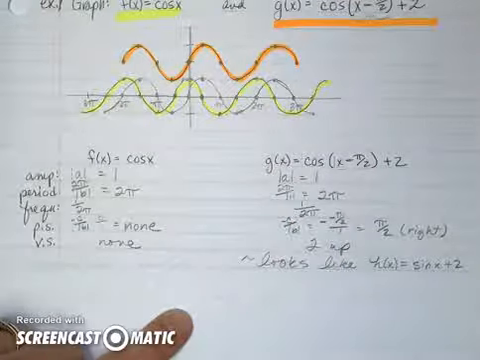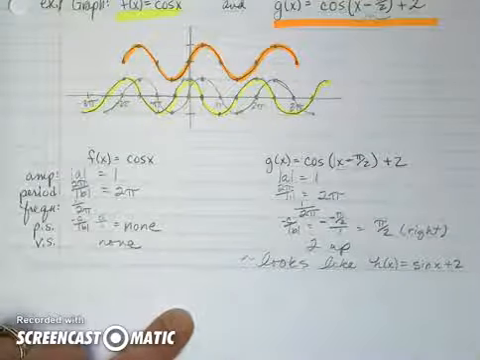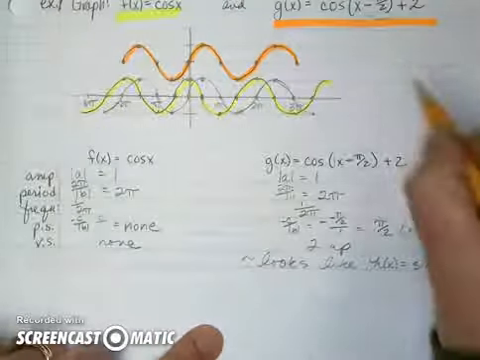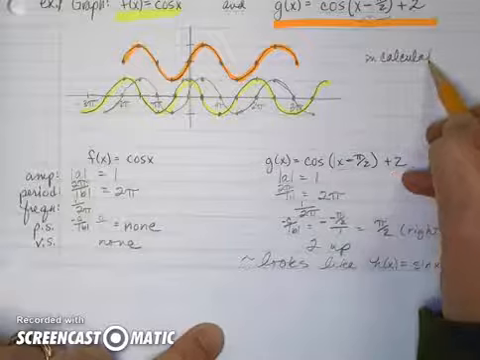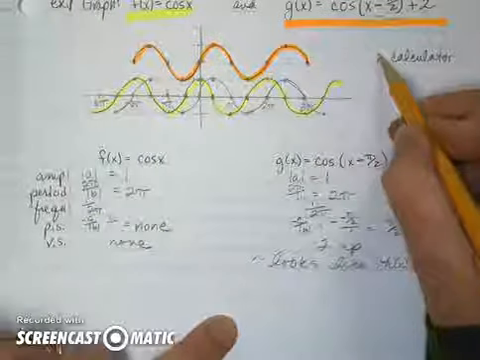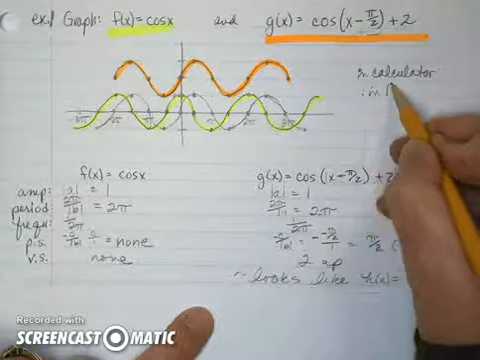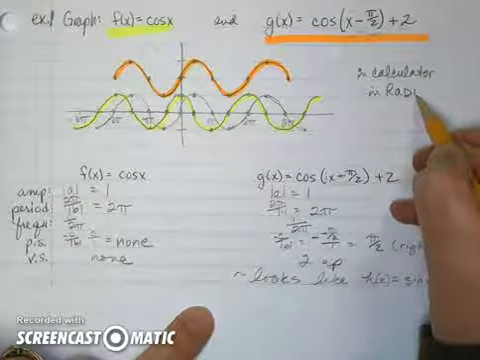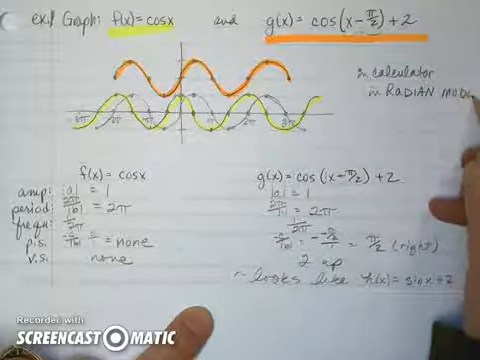Something else I want to show you now is how to do this on the calculator. When you're graphing this, you are now in Radian mode. Remember, we were in degree mode earlier when we were doing another part of the unit.